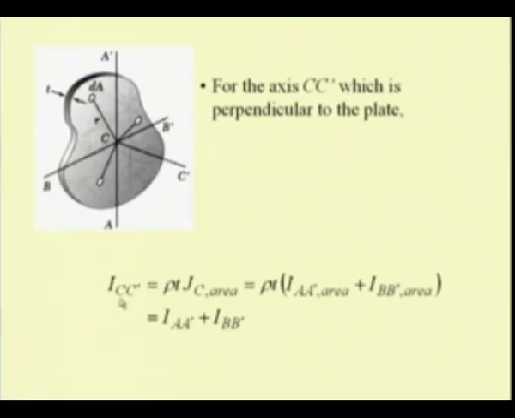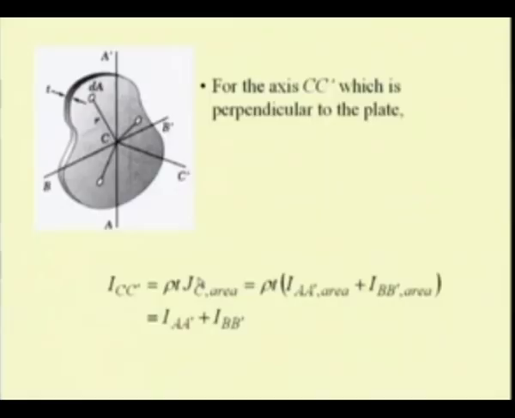Then we can find that this I C C prime, or the second moment of the mass of this plate with respect to this axis C C prime, is equal to rho T J C, that means the polar moment of this area with respect to this axis C C prime, and we already have the relation between the polar moment of the area and the rectangular second moments of the area.